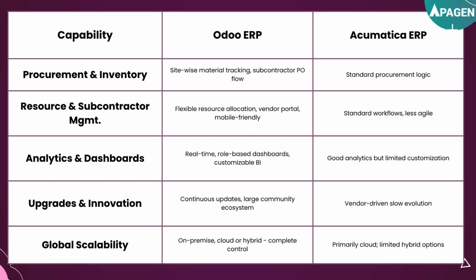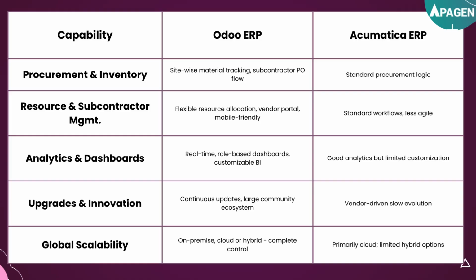On the other hand, Acumatica has standard workflows and is less agile when it comes to resource and subcontractor management. Coming to analytics and dashboards, EPC management needs site-wise live KPIs. Odoo provides real-time role-based dashboards and customizable business intelligence, while Acumatica has good analytics but limited customization options.